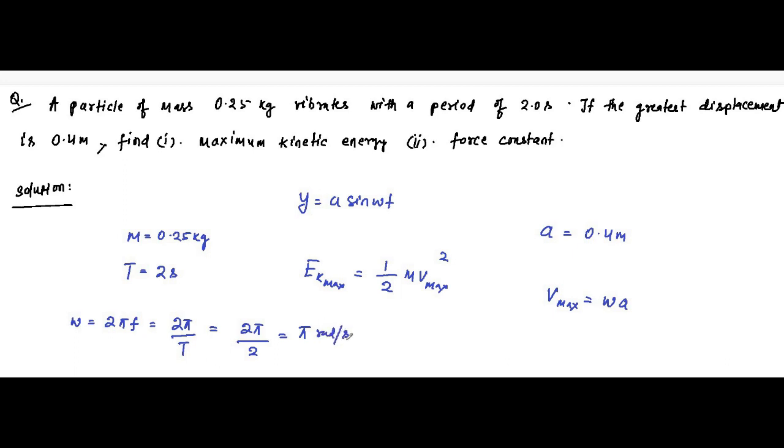So v_max will simply be equal to ωA, that is π × 0.4.